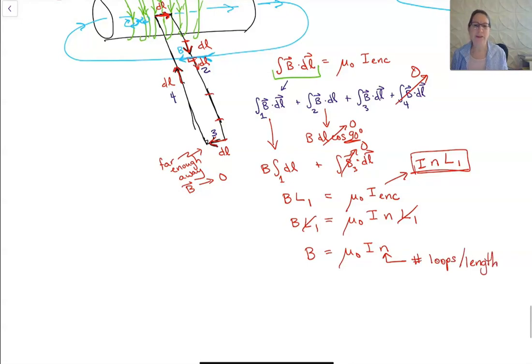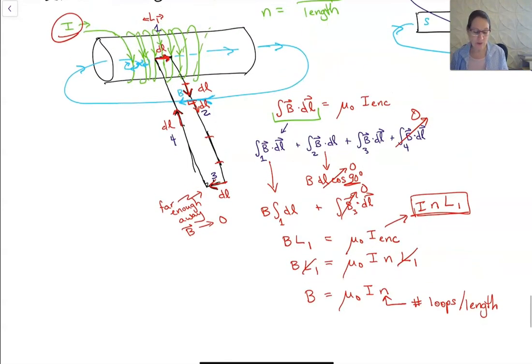I mean, in our units, if we want it in Tesla, that would be number of loops per meter. And so that will give us an expression for the magnetic field that's inside this, and it points in that direction up the center of the solenoid.